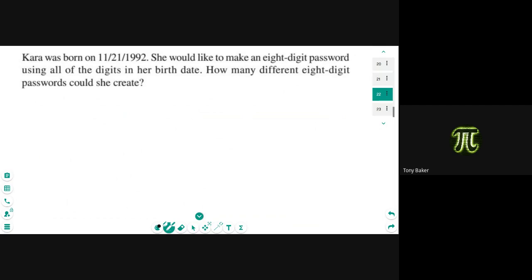Yes. Order matters, because if you type your password in backwards, it's different. However, things repeat themselves, right? So I'm going to need to use the formula with factorials in it. So how many numbers do I have? 8. So 8 factorial on top.